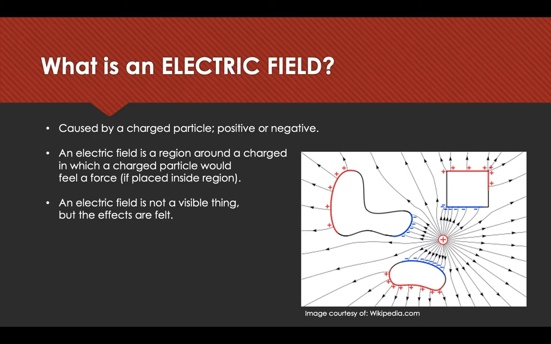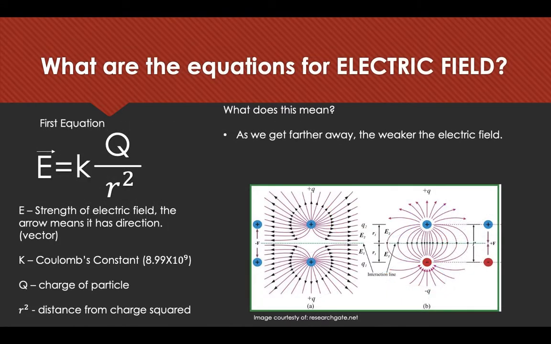This is dependent on a number of things, but simply put, it's what's going to happen to one charged particle when placed near another. And understanding the equations for electric field will help us understand this and wrap our heads around it.